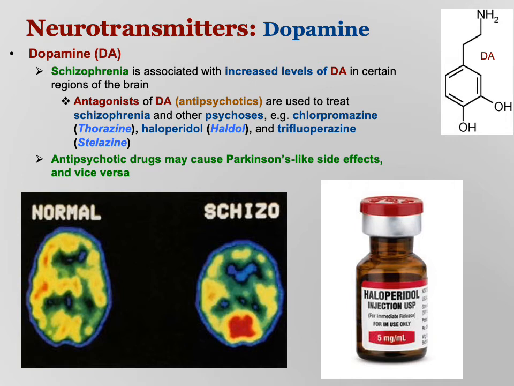And likewise, the poor schizophrenics, as if their life wasn't difficult enough already, start taking these antipsychotic drugs to lower the dopamine levels, and that may help with their schizophrenia, but it also gives them Parkinson's-like symptoms as well. So can you see how complicated it is when you're trying to give drugs to people?